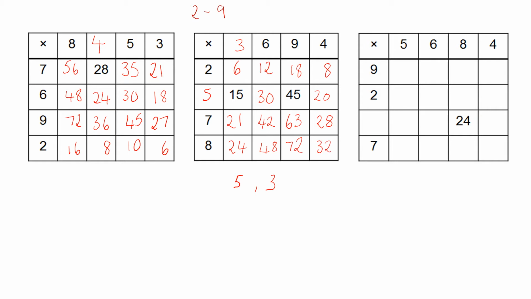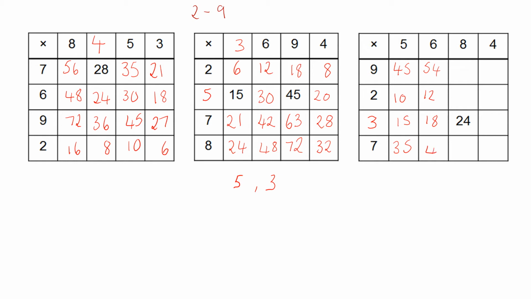Our last one isn't too bad because we're only missing one number, which is a 3. And again, 3 times 8 is 24, so we know that's right. So again, 9 times 5, 45. 2 times 5 is 10. 5 times 3 is 15. And 7 times 5 is 35. 9 times 6 is 54. 6 times 2 is 12. 6 times 3 is 18.